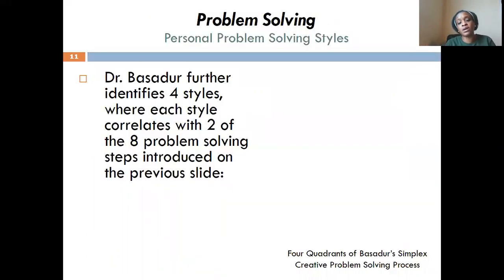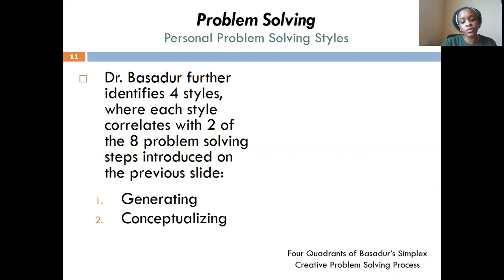Dr. Basadu further identifies 4 styles that have emerged under the divergent thinking process and the convergent thinking process. And for the purposes of this class, we will be using Dr. Basadu's brain model that divides up the brain into 4 quadrants, saying that in the first quadrant, there's a lot of generating going on, and we're going to explain these terms shortly.